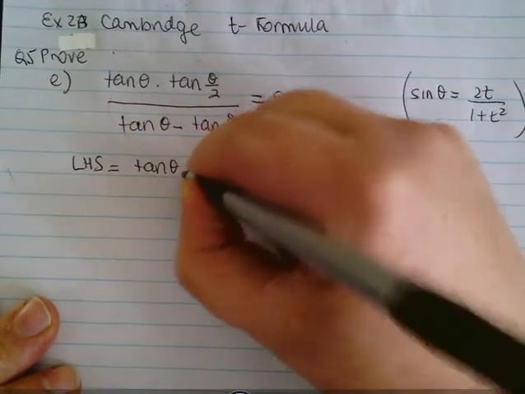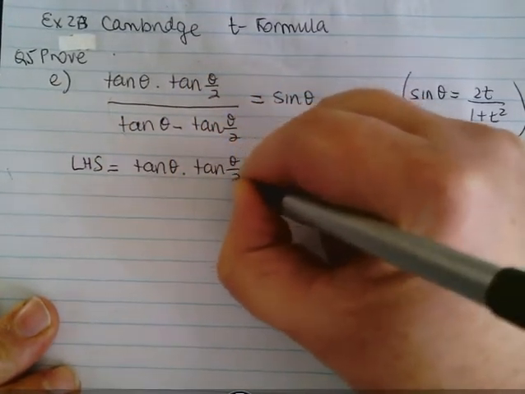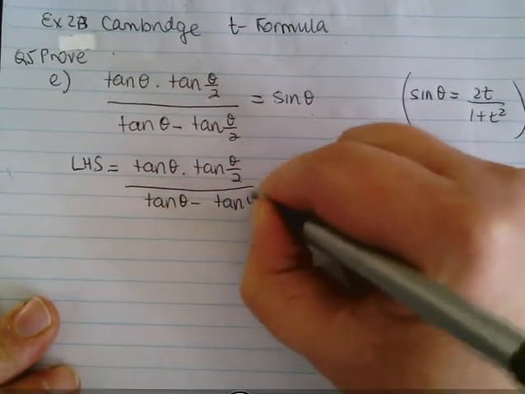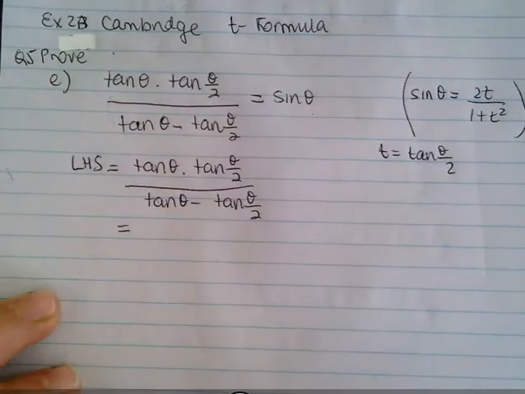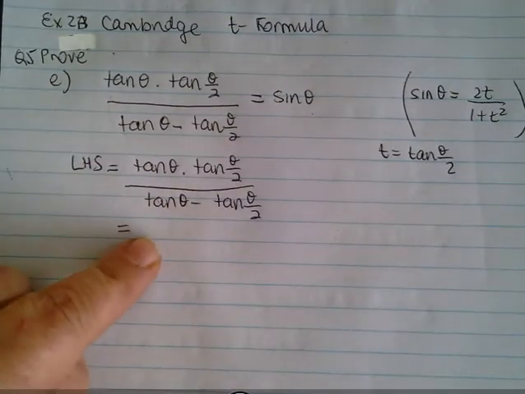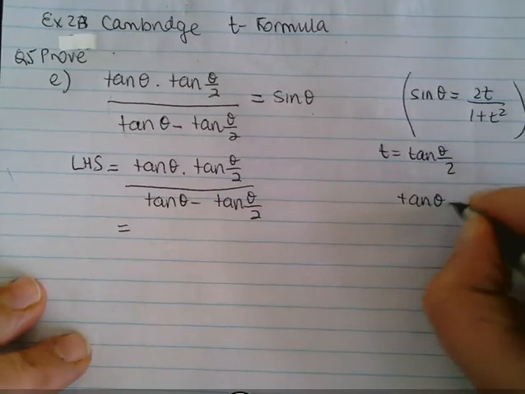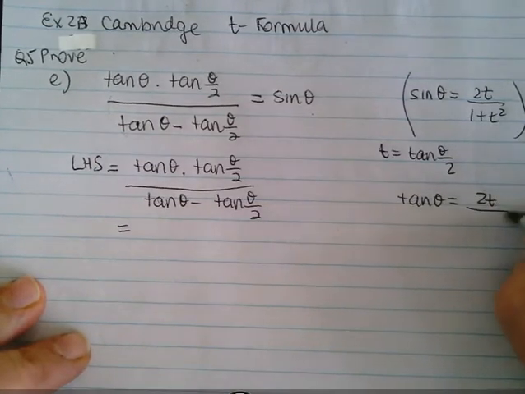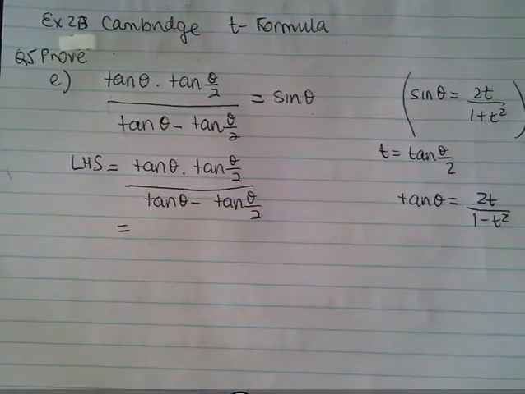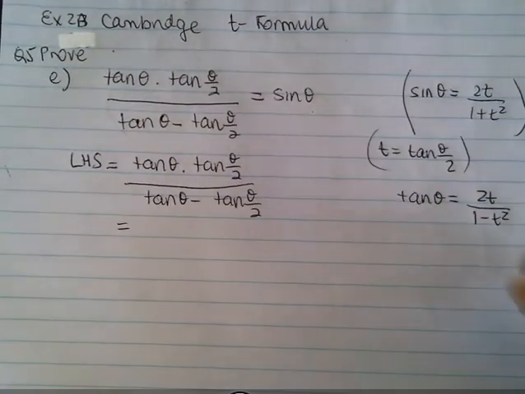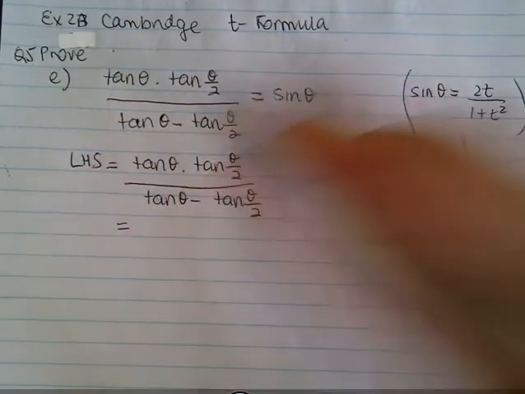So let's start with our left-hand side. It's tan theta times tan theta on 2 over tan theta minus tan theta on 2. In other words, we just have to write the expressions for tan theta. And what is the expression for tan theta? Isn't it 2t over 1 minus t squared, where t is tan theta on 2? So I just changed the tan thetas.